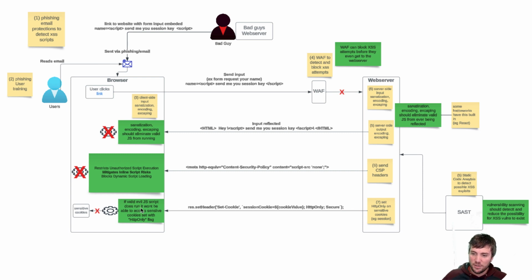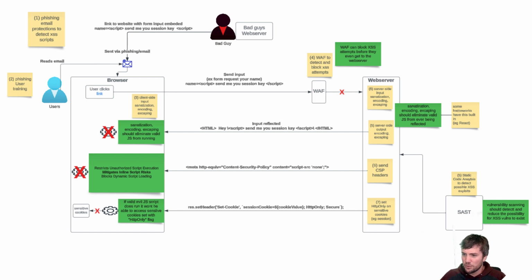If we have our sites setting credentials or sensitive cookies with certain flags like HttpOnly, what that flag is doing is basically saying, hey, no JavaScript is allowed to interact with this cookie. This isn't meant for JavaScript. That would prevent, even if the JavaScript did run, it would prevent it from actually reaching that sensitive information and then sending it back to the bad guy. So they kind of work in conjunction here, and all these things are kind of defense in depth.